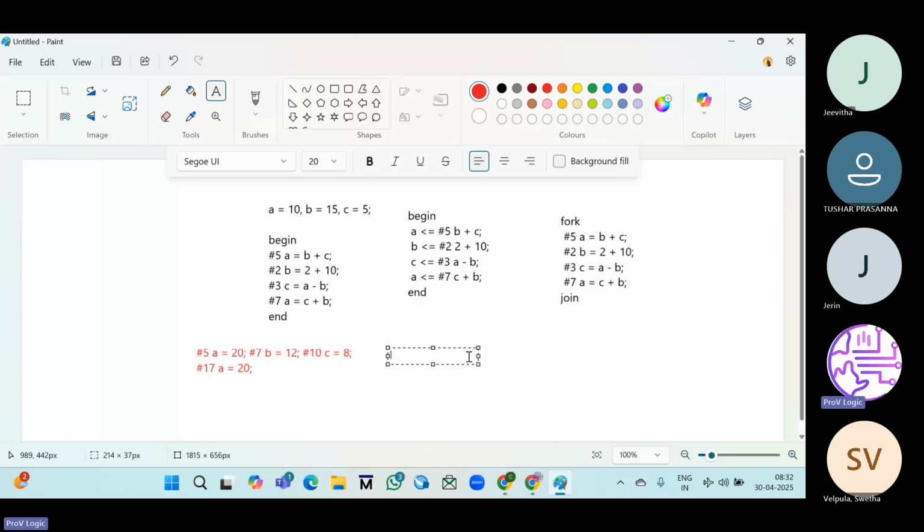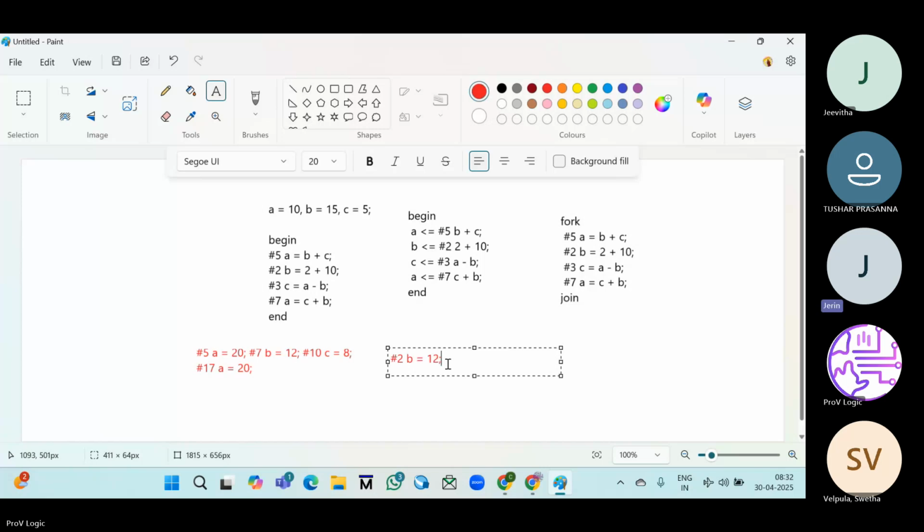So what is the output now? At what time which statement will be executed? At 2 time units, B should be 12.